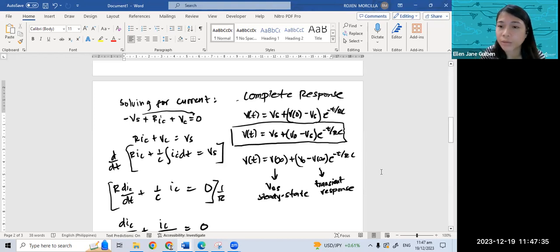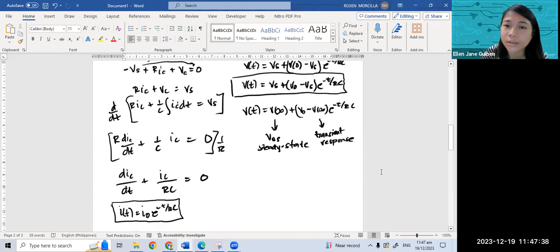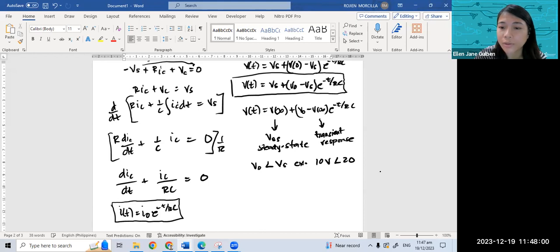If you're going to graph this one, let's say your VO is lesser than your VS, meaning it has a smaller value, like 10 volts is less than 20 volts. So your initial value for the step response will be like this.